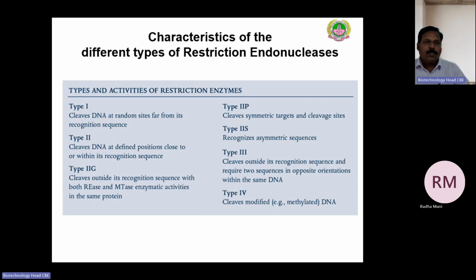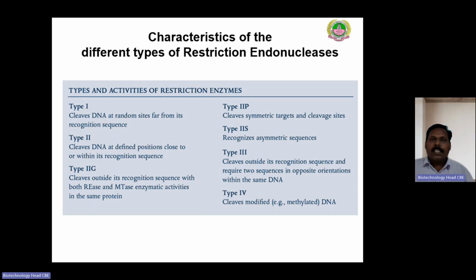The second type, which is widely used in genetic engineering, cleaves the DNA at very defined positions, very close to or within the recognition sequence of the template DNA. Within the type 2 restriction endonucleases, we have three subclassifications: 2G, 2P, and 2S.